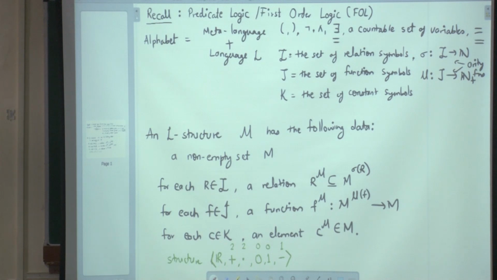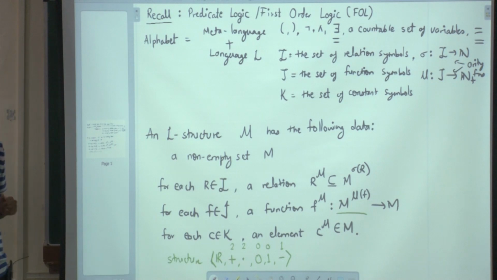Multiplicative inverse. Very good question. Is multiplicative inverse an actual function? Why? 0 doesn't have a multiplicative inverse. See, that's a really good question. Please pay attention.